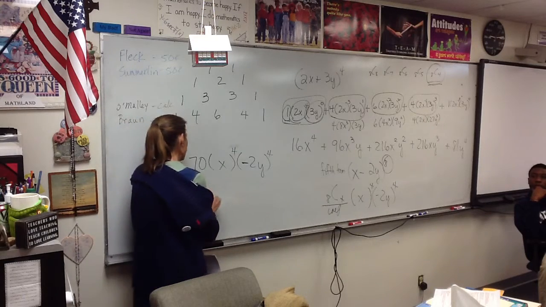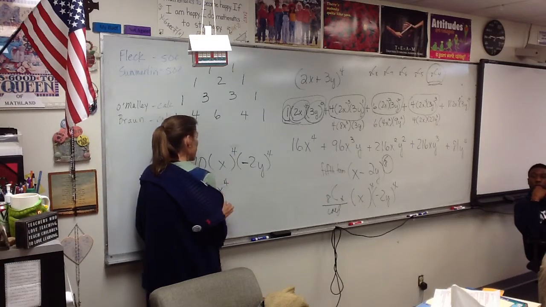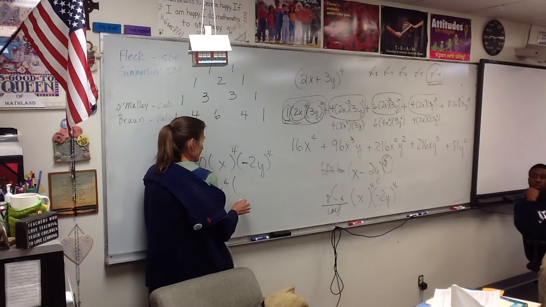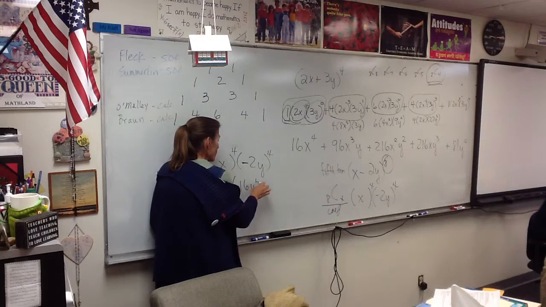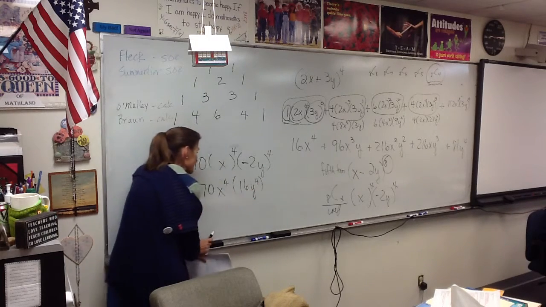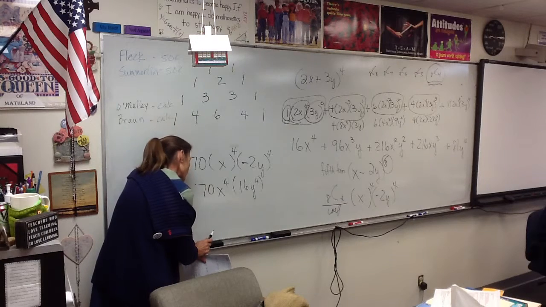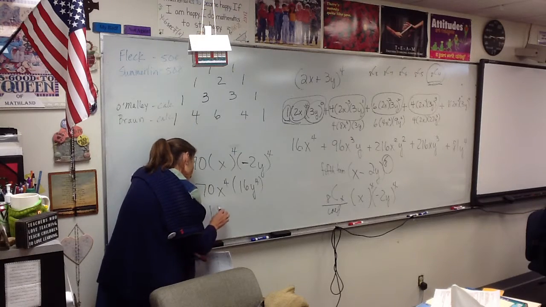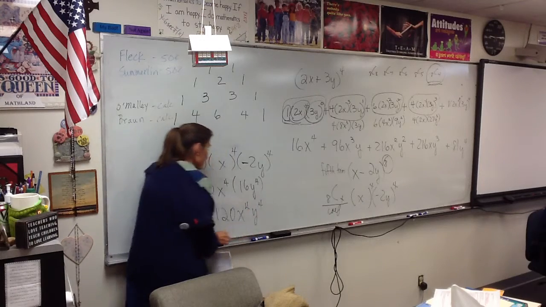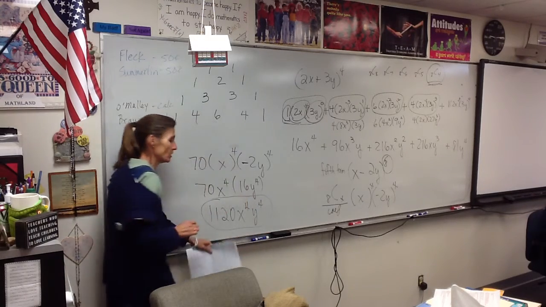So I have 70, x to the 4. What's this? 16y to the 4. So now I got to multiply 70 times 16. What do I get? 1,120. X to the 4th, y to the 4th is our final answer.